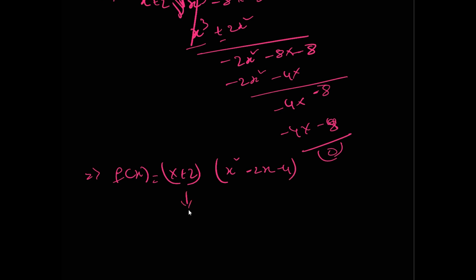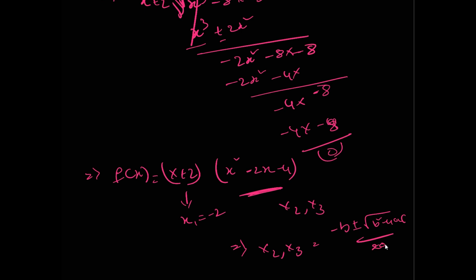Therefore, if we take the root x1 as minus 2, then x2, x3 will be roots of this equation. That means x2, x3 will be minus b plus or minus root over b square minus 4ac, by 2a.